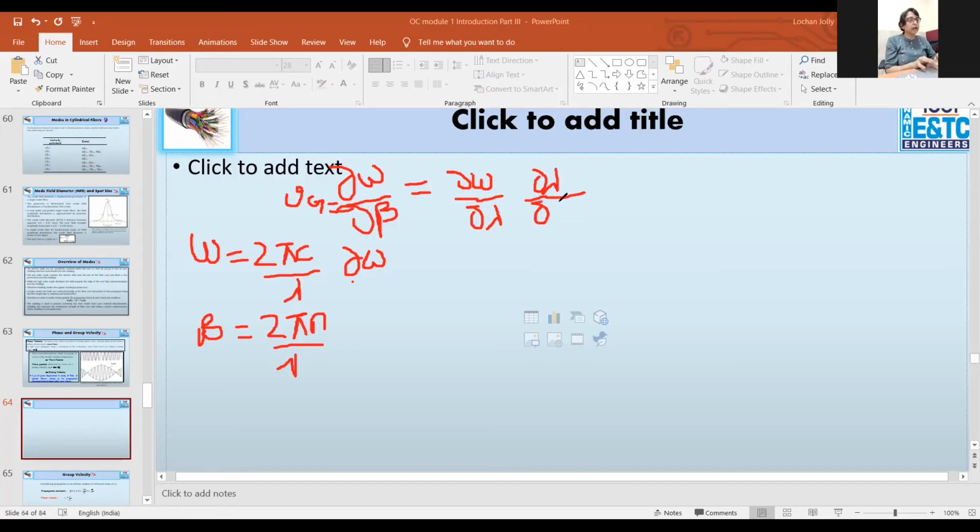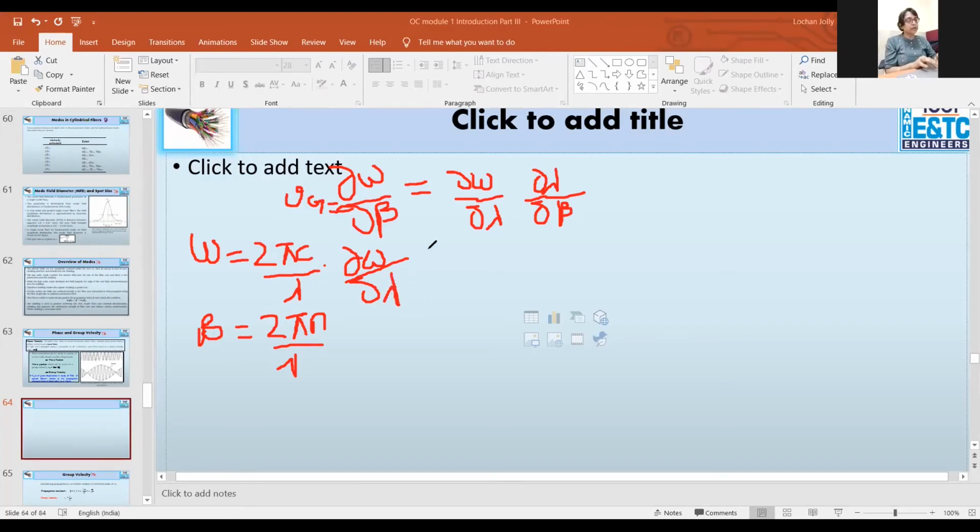Okay, this is how I'll be trying to solve it, right? Can I write del omega by del beta like this? Just multiplying and dividing by del lambda to get the two terms, del omega by del lambda and del lambda by del beta. Correct? So now tell me what is your del omega by del lambda.